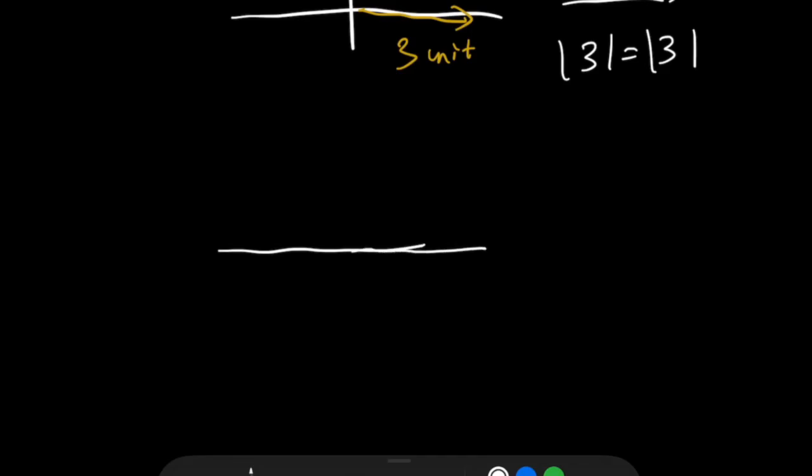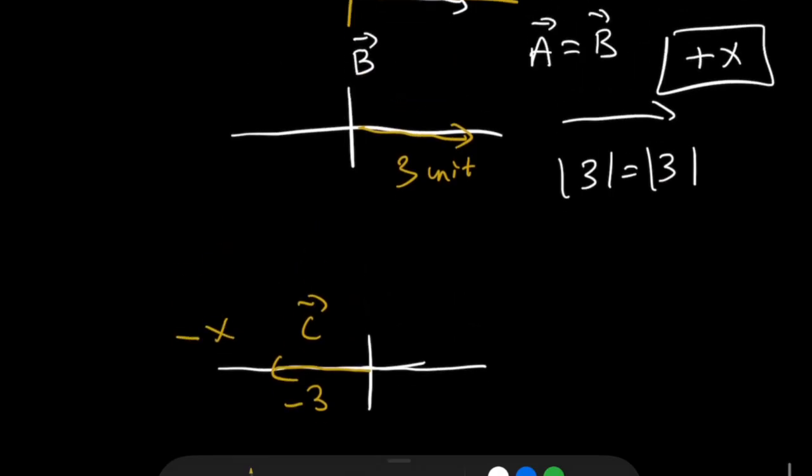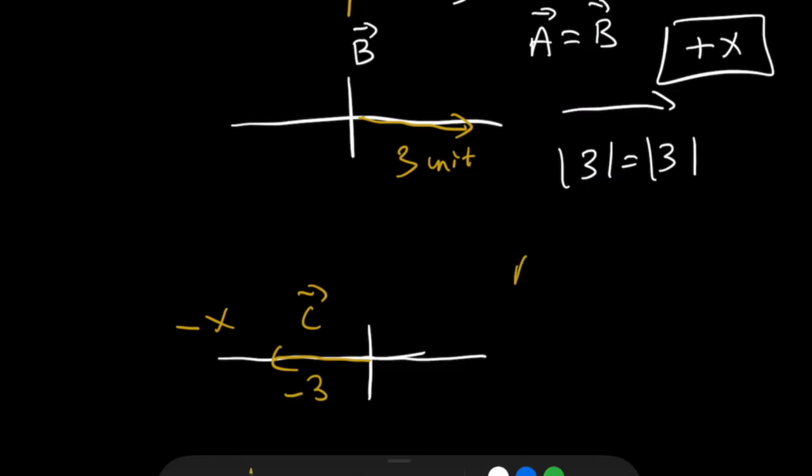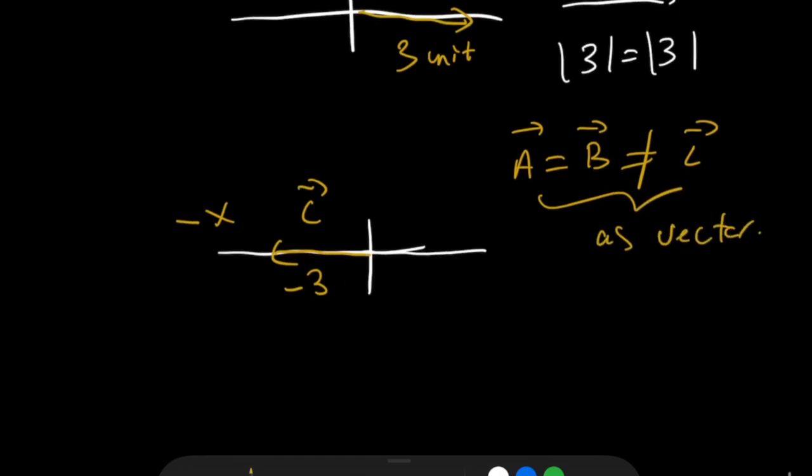But we have c vector, again 3 units, but a equals b not equals c as vectors because the direction of a and b is the same but c is different.